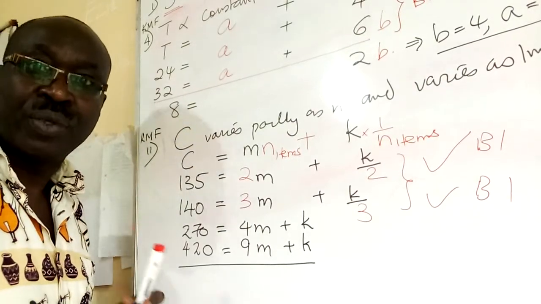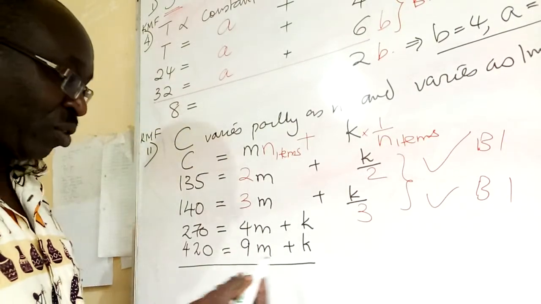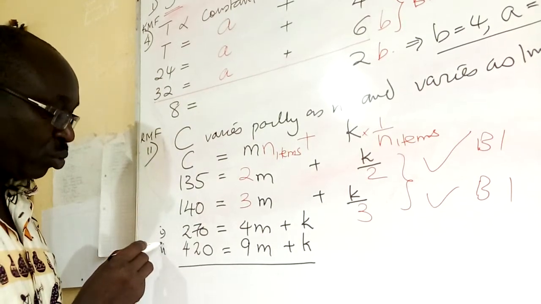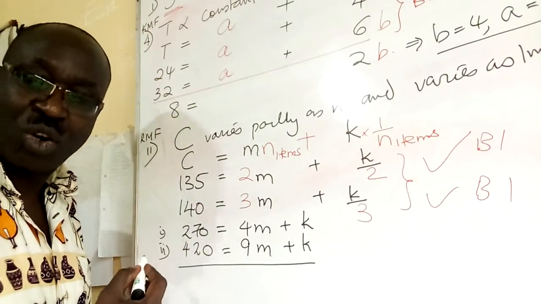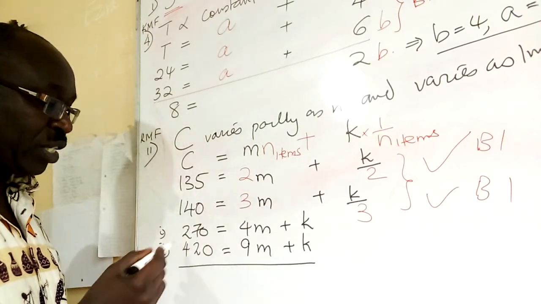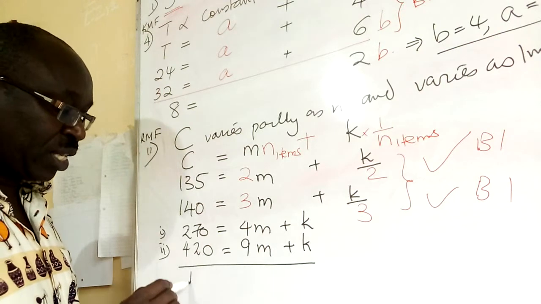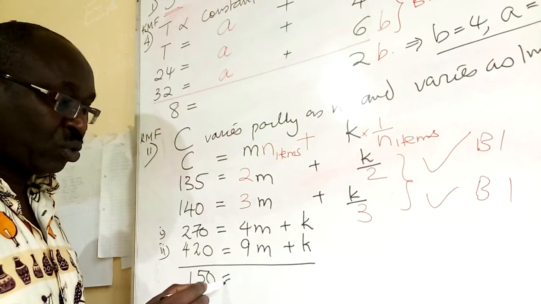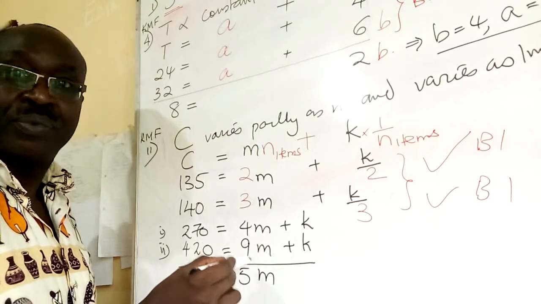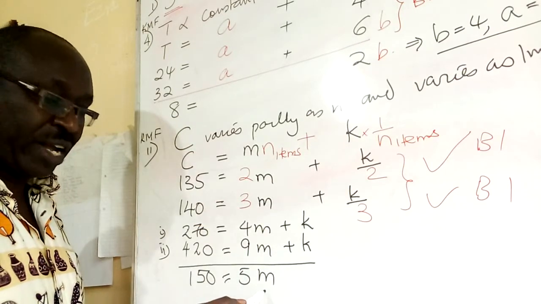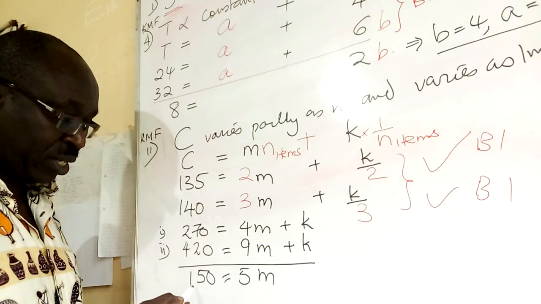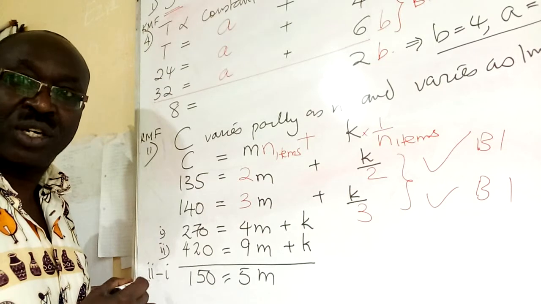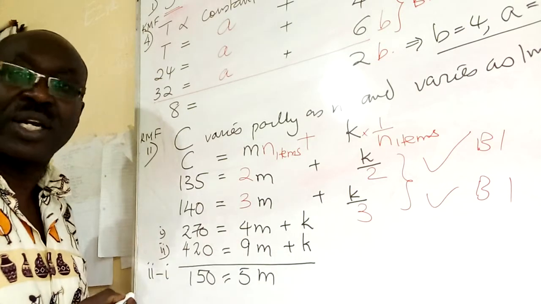Now these two can be solved. You can do equation 1 minus equation 2, or I can do 2 minus 1. Consistency. So what is 420 minus 270? That is 150, is equal to 5m. 9 minus 4, 5. So I've done equation 2 minus 1.